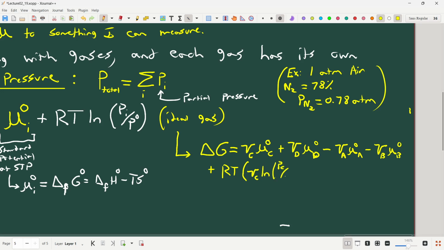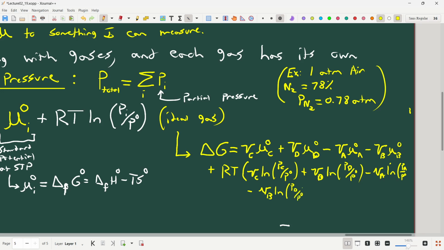So we have the log of the partial pressure of component C plus the same for D, minus that for A, minus that for B. Or sorry, did I screw something up?